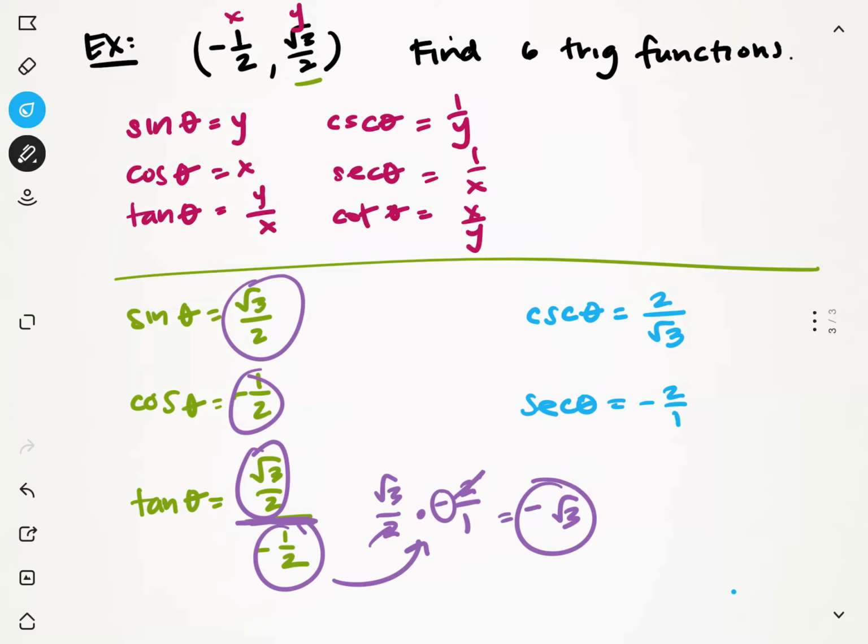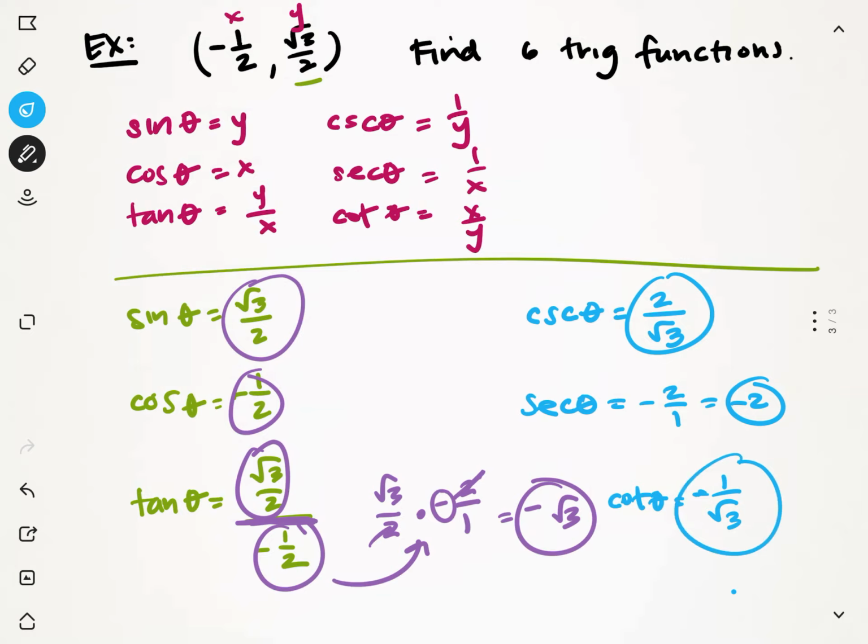The reciprocal is -2 over 1, which is just -2. And then the cotangent is going to be -1 over radical 3. Alright, and then you're done.